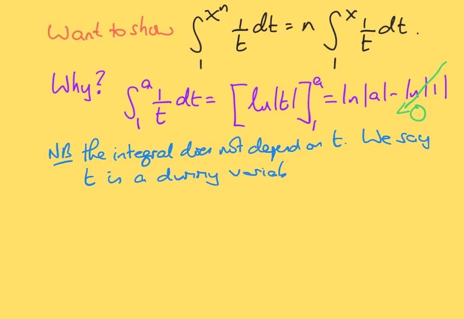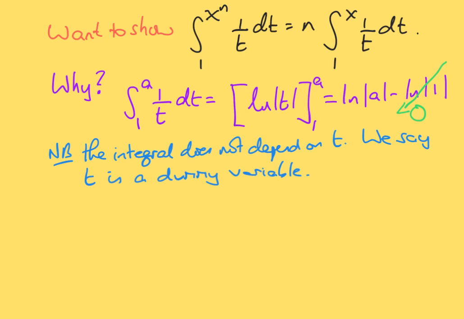In other words, you could have this integral here, say, and you could replace t by something else. Let's say that you were to replace it by L. So you'd have the integral from 1 to a of 1 over L with respect to L, and you would also get logarithm of a. It does not depend on what variable you use here. You just shouldn't be using a if you're integrating with respect to the variable.